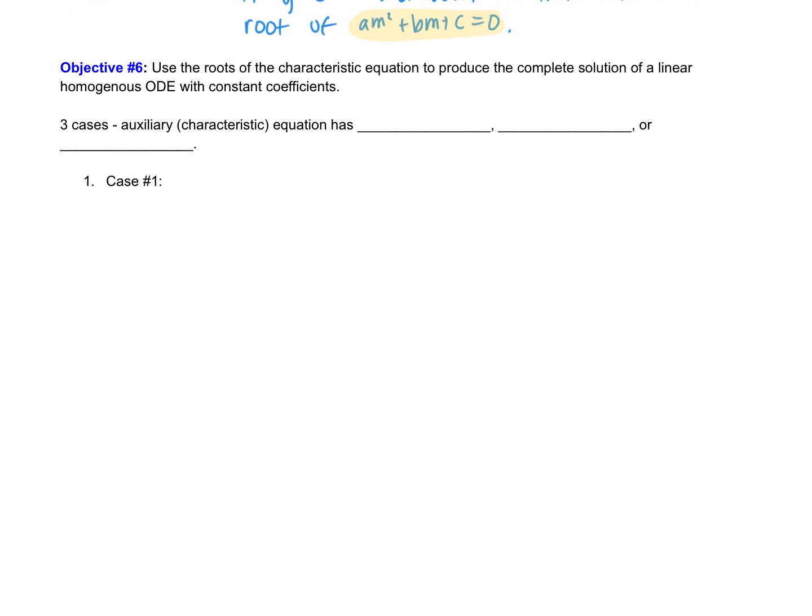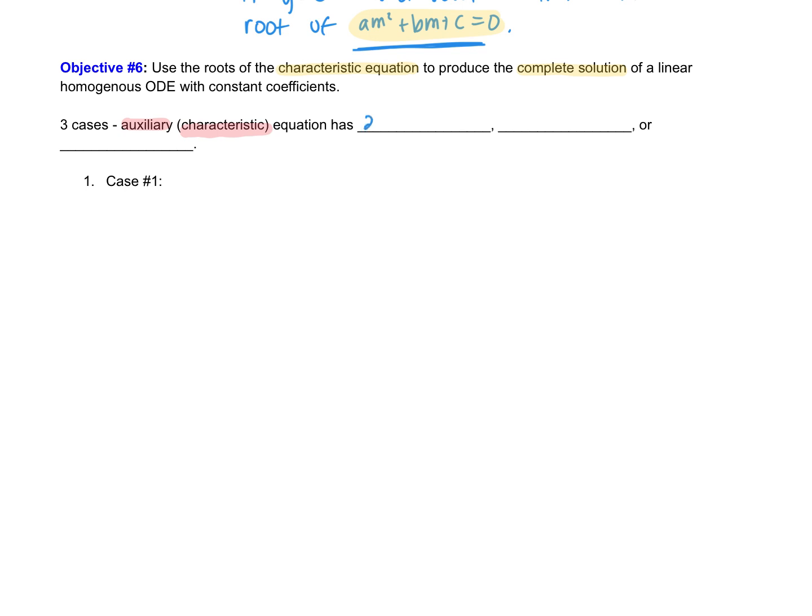So here we go. This next objective, we are using roots of the characteristic equation, which is that one above, to produce the complete solution of a linear homogeneous differential equation. There are two terms, just so you know: it's called a characteristic equation, and it could also be called an auxiliary equation. There are three different possibilities, three different cases if we're going to solve this quadratic above.